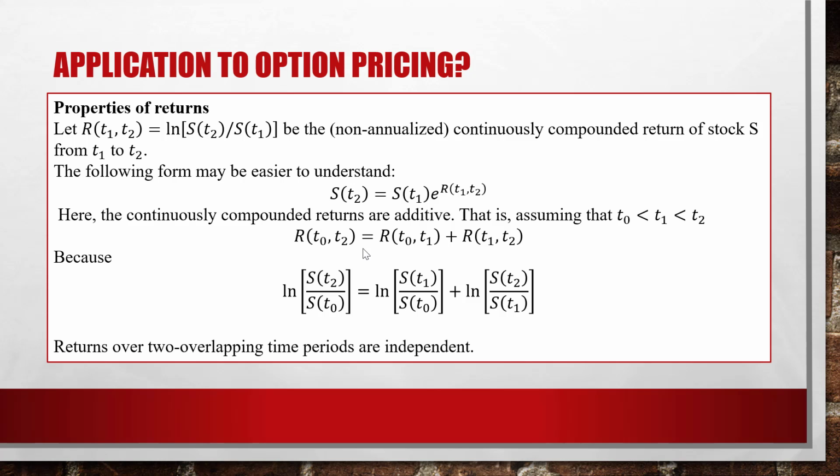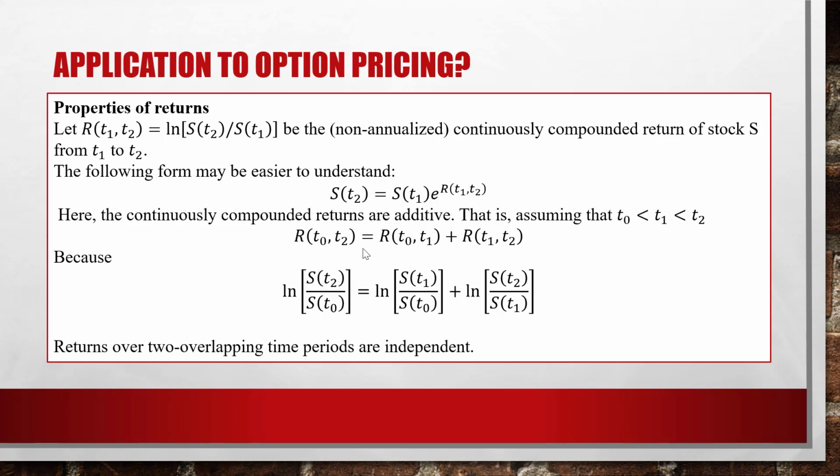And it's very easy to prove. By the formula, R(T0, T2) is the natural log of F(T2) over F(T0), and it should be equal to the natural log of F(T2) over F(T1) plus the natural log of F(T1) over F(T0). So that's why we say the continuously compounded returns are additive.